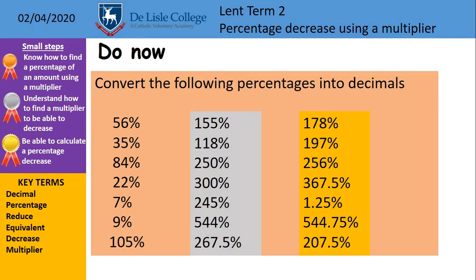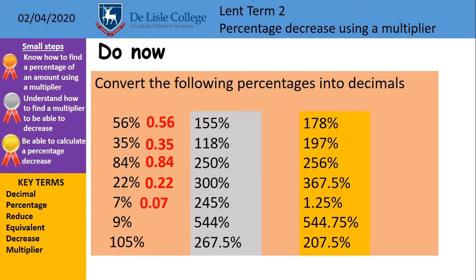So for 56%, so 56 shared by 100, you should have the answer of 0.56. 35 divided by 100 will give you 0.35. 84 divided by 100 will give you 0.84. 22 divided by 100 will give you 0.22. 7 divided by 100 will give you 0.07.